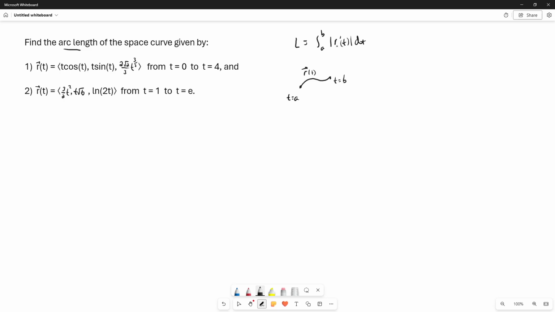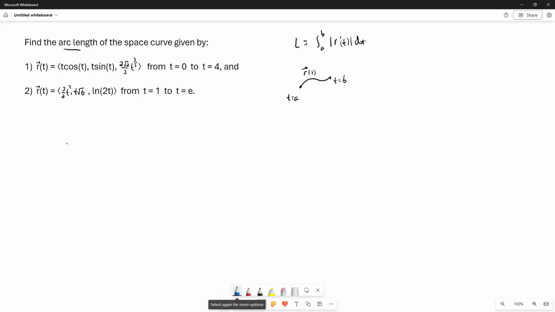So we're integrating the speed of the curve with respect to time. The speed times the time will give us the distance. So we're summing up distances over infinitesimally small time intervals to get the total length of the curve.